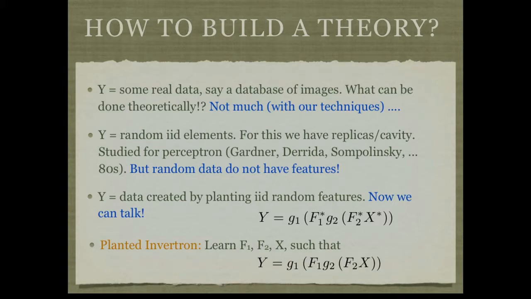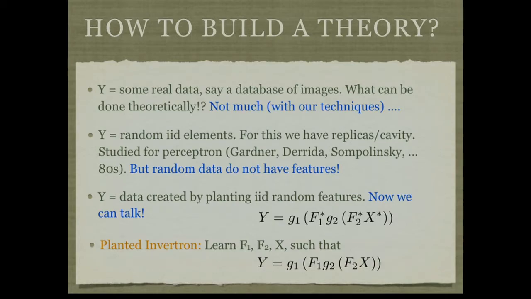The data are still random, and now the elements of this would be IID. So we are still in the framework where these kinds of methods can be applied. But we also plant in random features, so at least we can meaningfully ask the question, can we find the features back, and we at least know what the features are. So that's somehow the strategy.